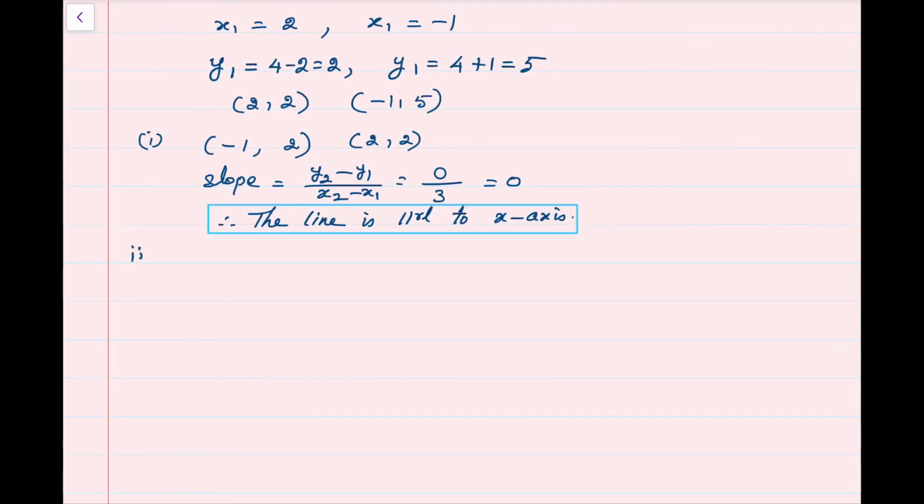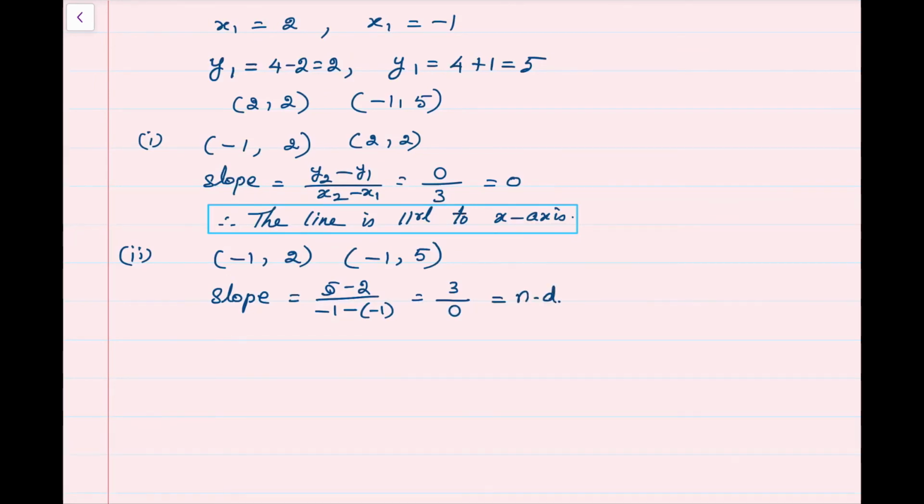Now, the second answer, we will find the slope joining the given point (-1, 2) and the answer which we got. Slope is equal to (y2 - y1) divided by (x2 - x1). Here the denominator is 0. The slope is not defined.